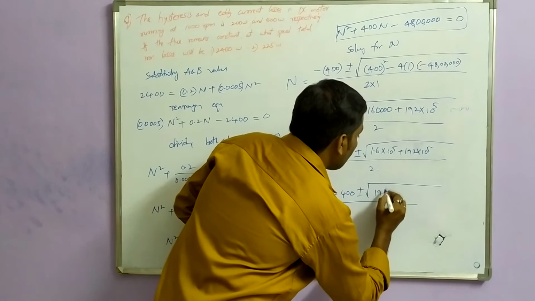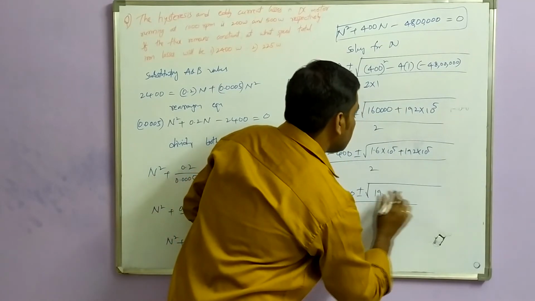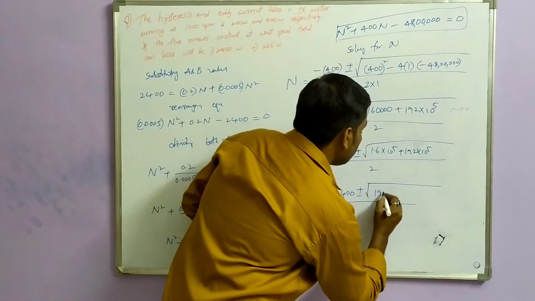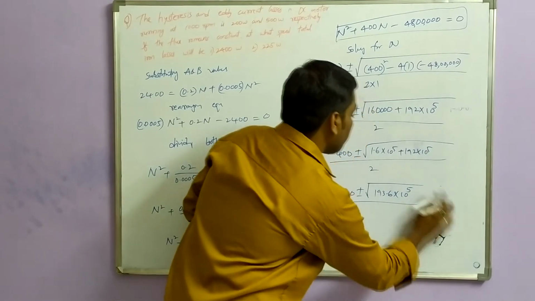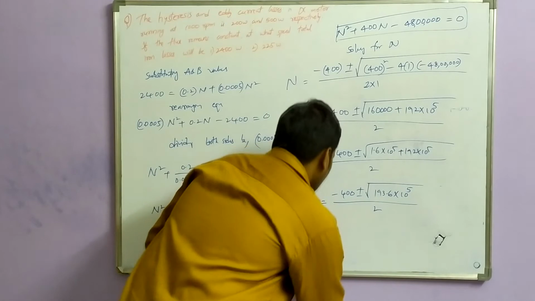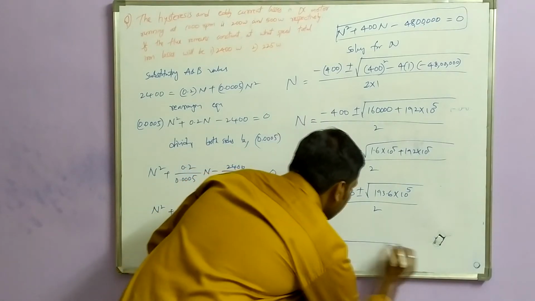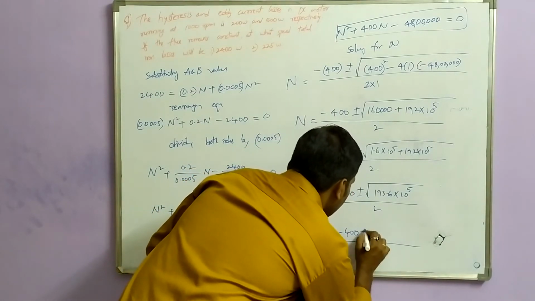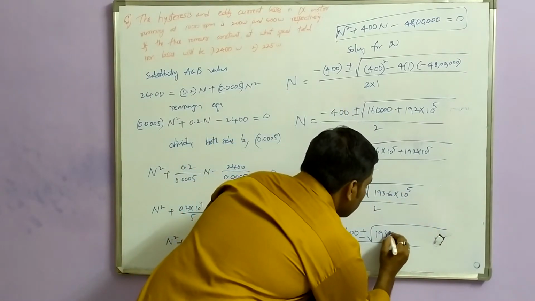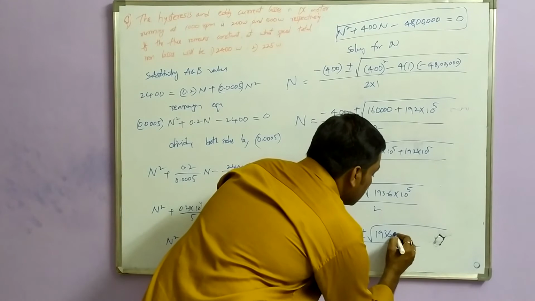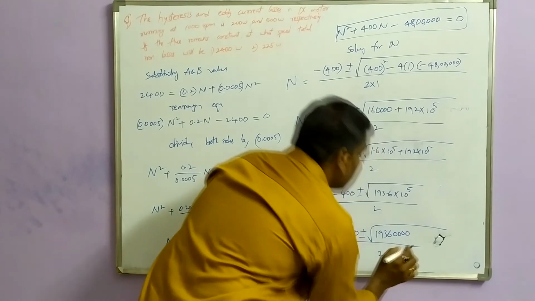so 1.6 plus 192, if you add this, you get 193.6 into 10 to the power of 5 divided by 2, so this term being minus 400 plus or minus, so 1936 and 10 power 4, nothing but 0000, divided by 2.